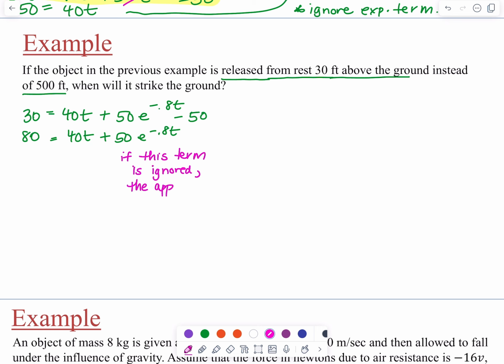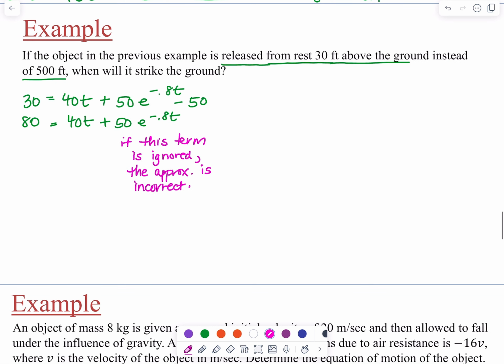Now, note, if you ignore the exponential term, the approximation is incorrect. Okay, so this t occurs, you could say, somewhere on the interval 1 to 2. And so this cannot be ignored.